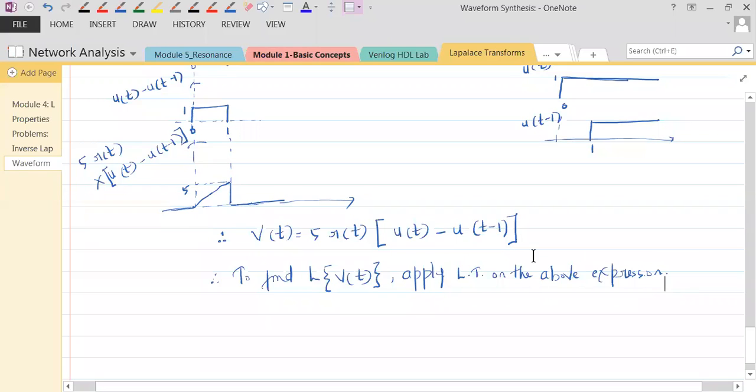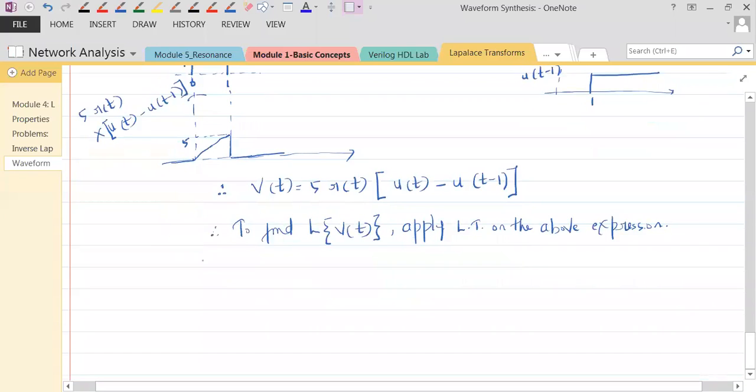What would the Laplace transform on this be?